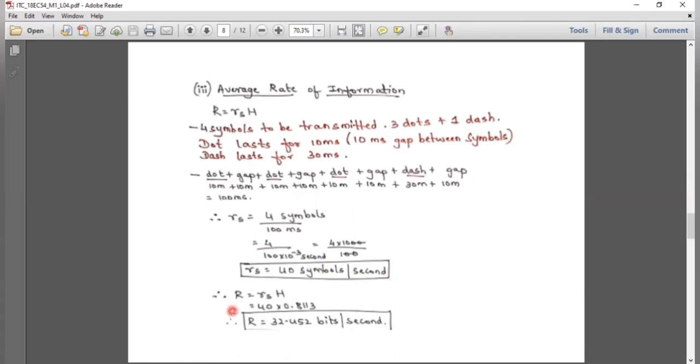Information rate R equals Rs into H, that is entropy. Substituting the symbol rate and the entropy gives us an information rate of 32.452 bits per second.